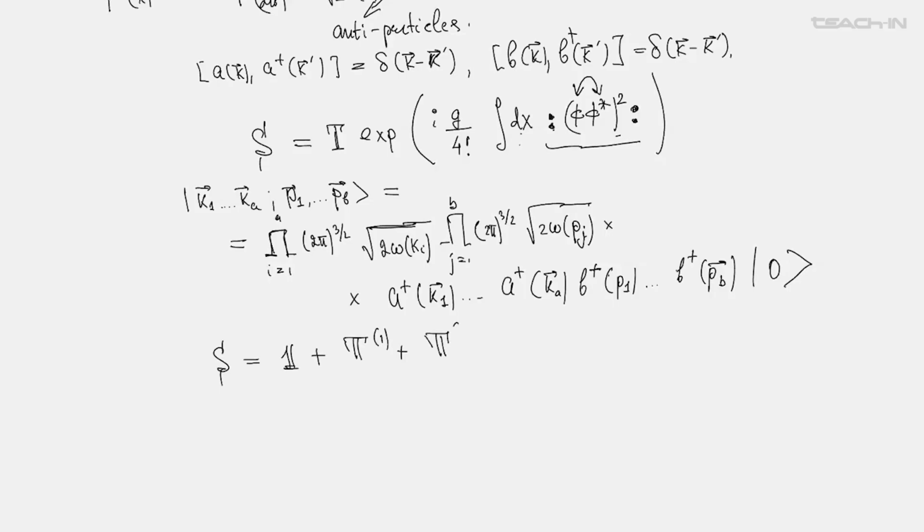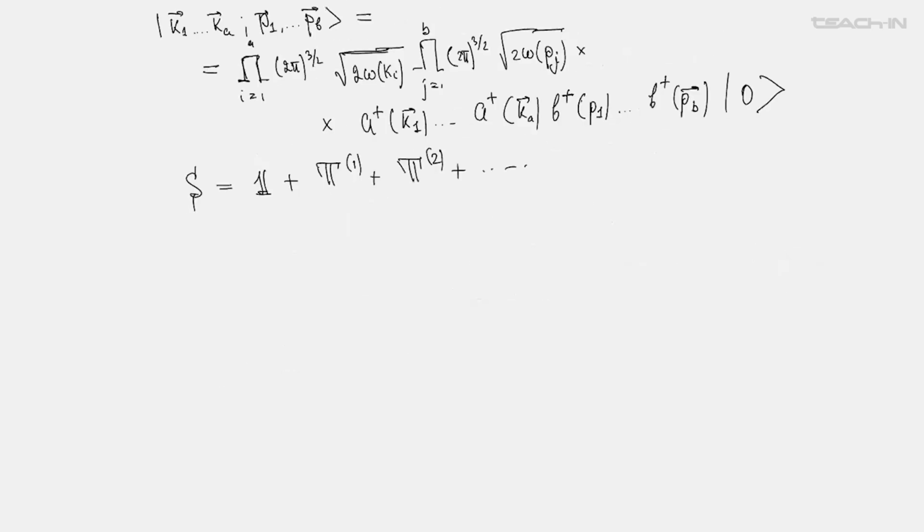The first order in this expansion will be given by the integral i G over 4 factorial, integral dx of phi star squared.